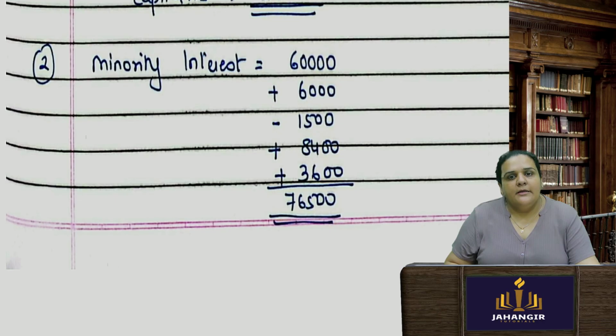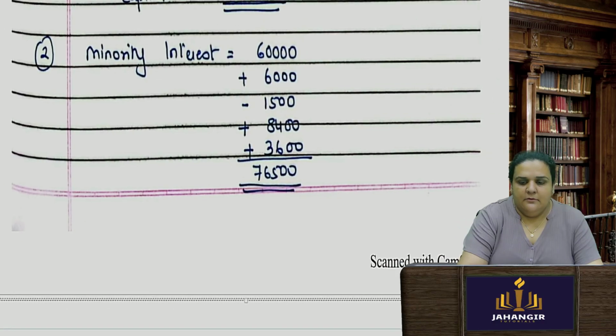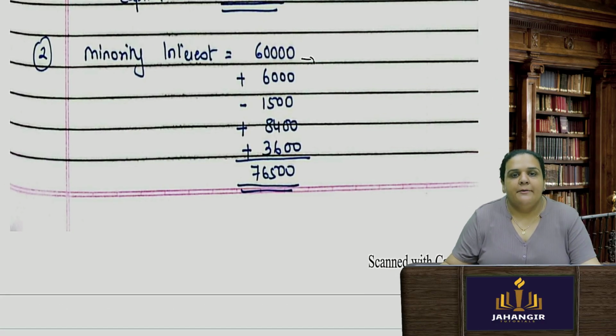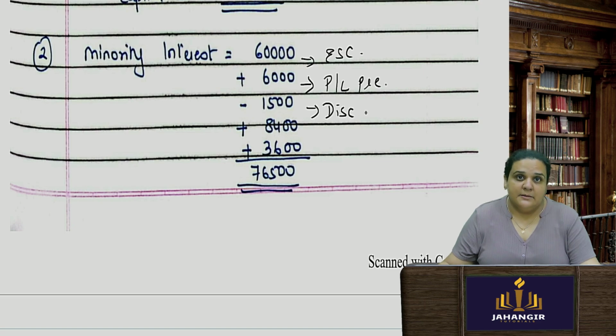And minority interest, you will add everything. Equity share capital, share in equity share capital. Then share in your P&L pre. Then it is discount on issue. You will remove it. It's subtracted because it is a loss.